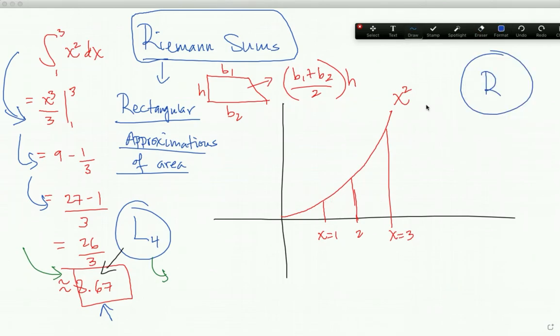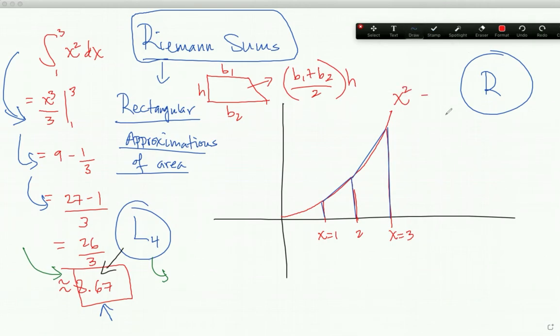Now, there are some nice things here. If I draw my trapezoid this way, there is my first trapezoid, here's my second trapezoid, and I also find the height. Now let's call our function, well, it's x squared, we know, but let's call it f of x.